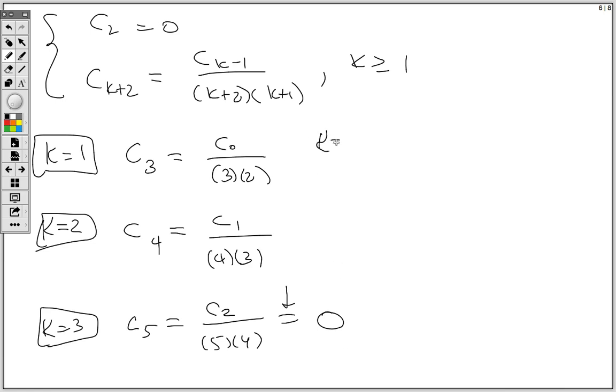Now, when I do k equals 4, I have c6 is equal to c3 over 6 times 5. But I know c3 in terms of c naught. So it's c naught over 2 times 3 times 5 times 6.